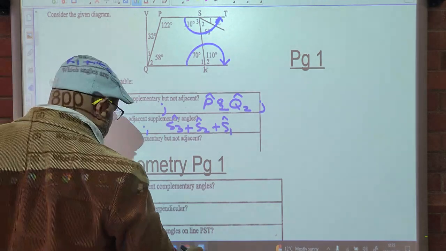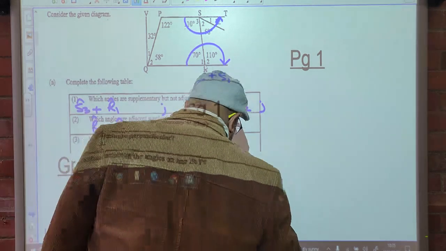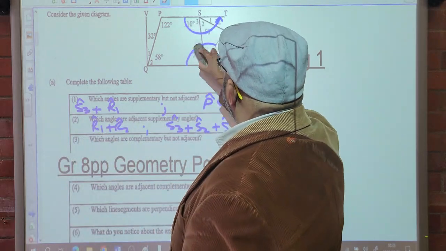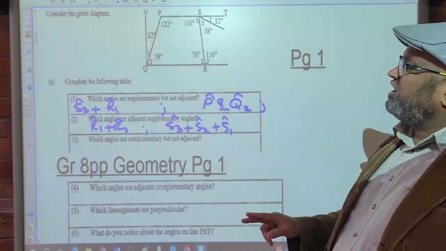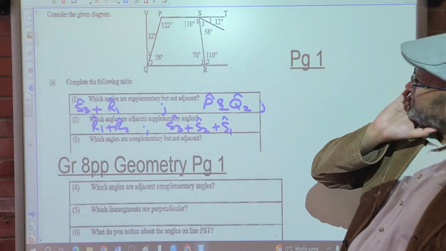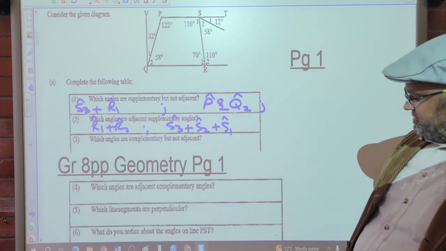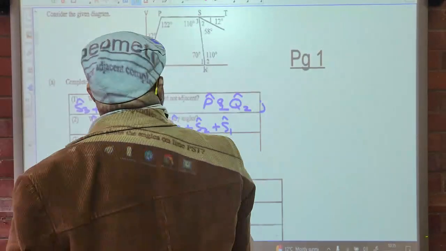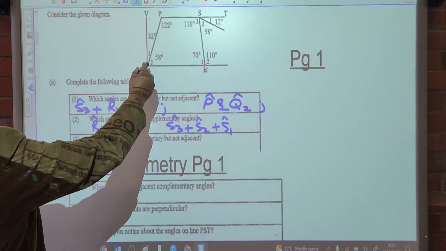Okay. Next question. Which angles are complementary but not adjacent? What does complementary mean? Angles that add up to 90, but not adjacent, which means to say not next to each other. So which angles are adding up to 90? Q1 and Q2.